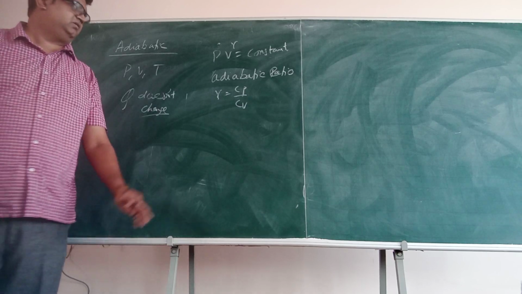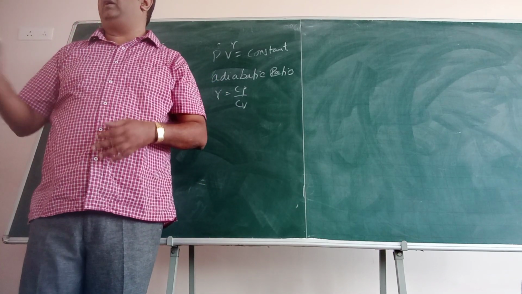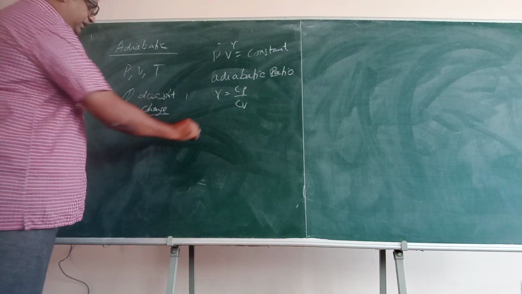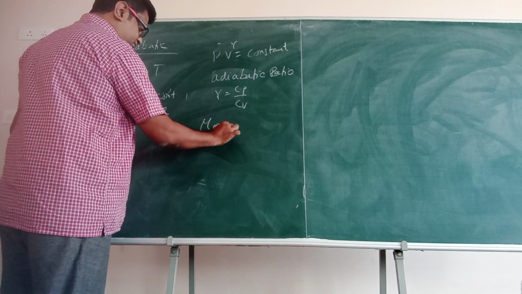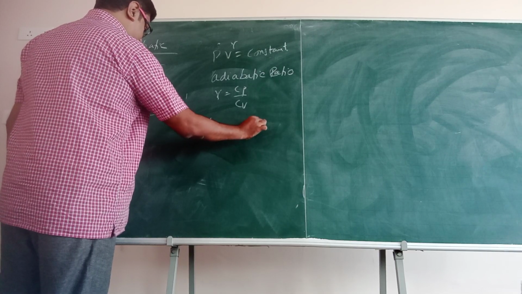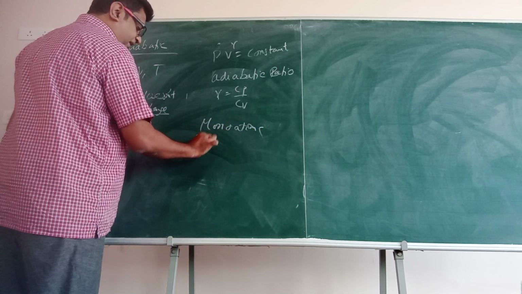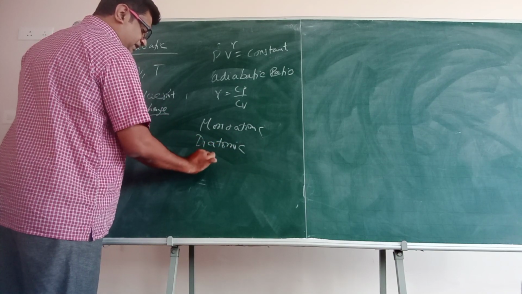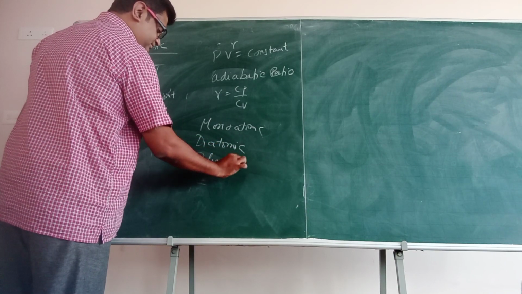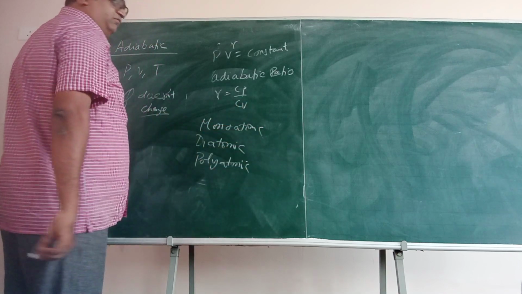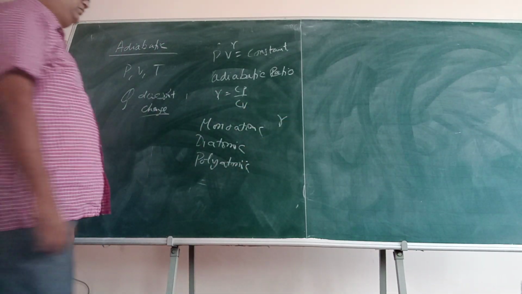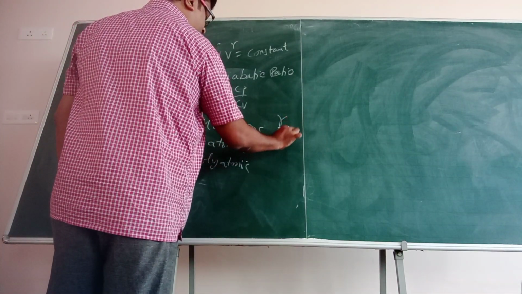These Cp and Cv values are different for different types of gases. You have monoatomic gases, diatomic, and polyatomic. For all these three, you should remember gamma. For monoatomic, it is 5/3.